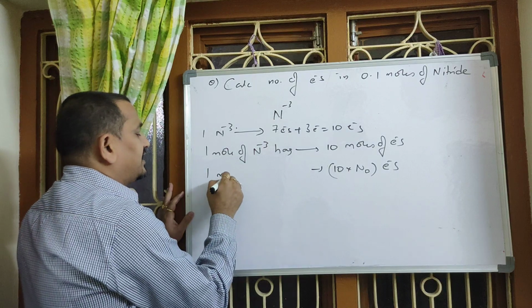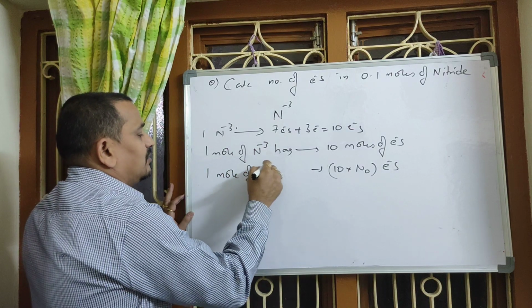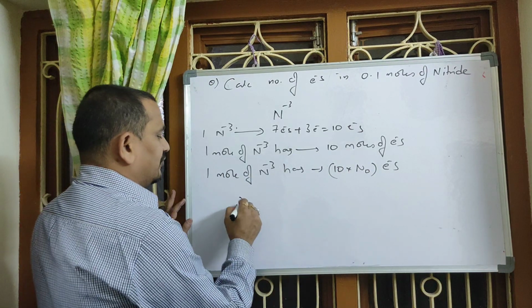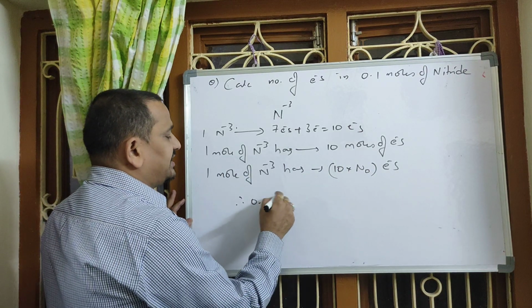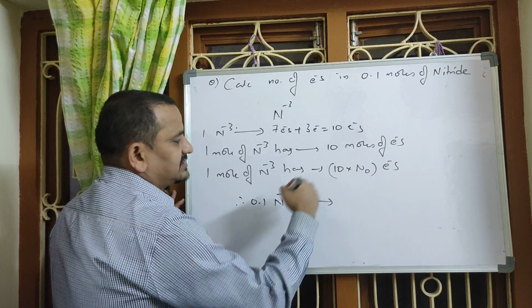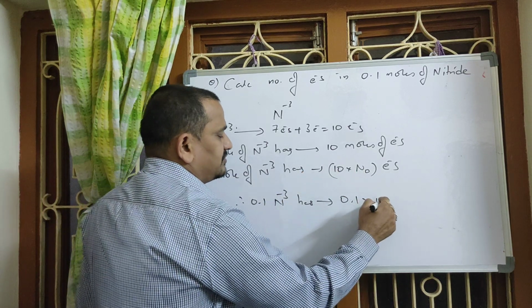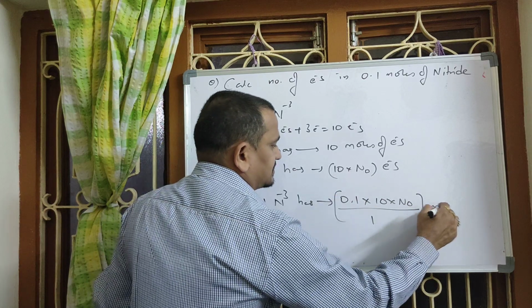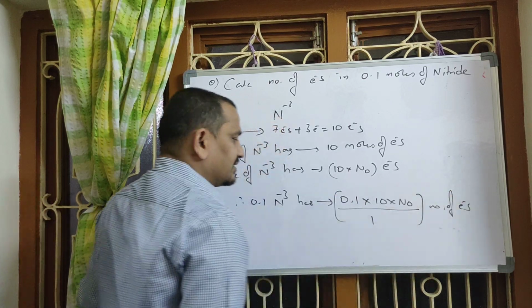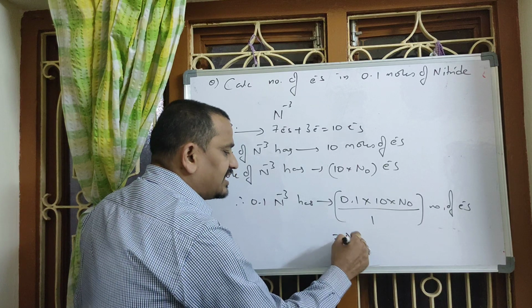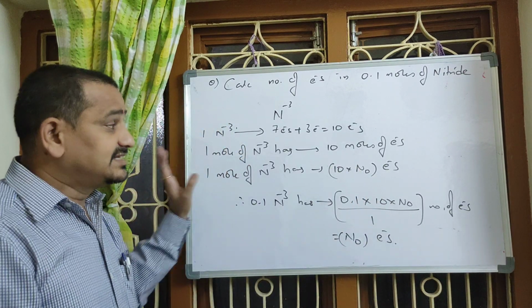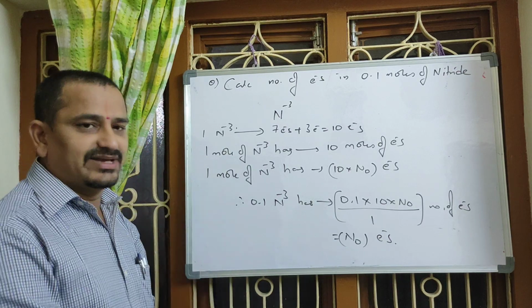So 1 mole of nitride has 10 into Avogadro number of electrons. Therefore, 0.1 mole of nitride has how many? Crisscross: 0.1 into 10 into Avogadro number by 1 number of electrons. Right? So this is Avogadro number of electrons. So this is another model. Such questions will be asked.